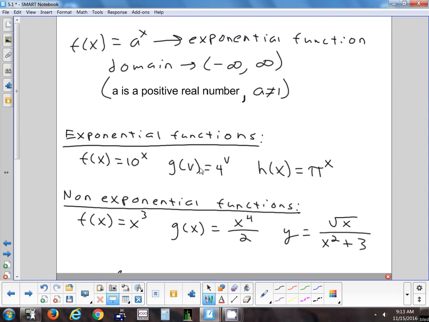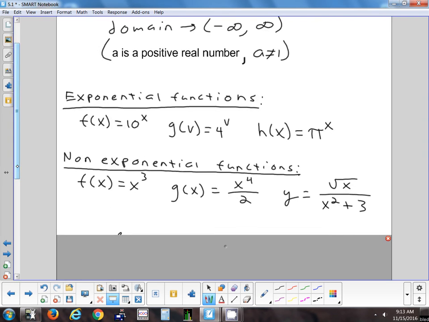The second one is a 4th degree polynomial. And the third one is kind of a combination of a rational function, because it's a fraction, and a radical function, because the numerator is a square root. None of those are exponential functions. So any questions on the ones that are or the ones that are not?